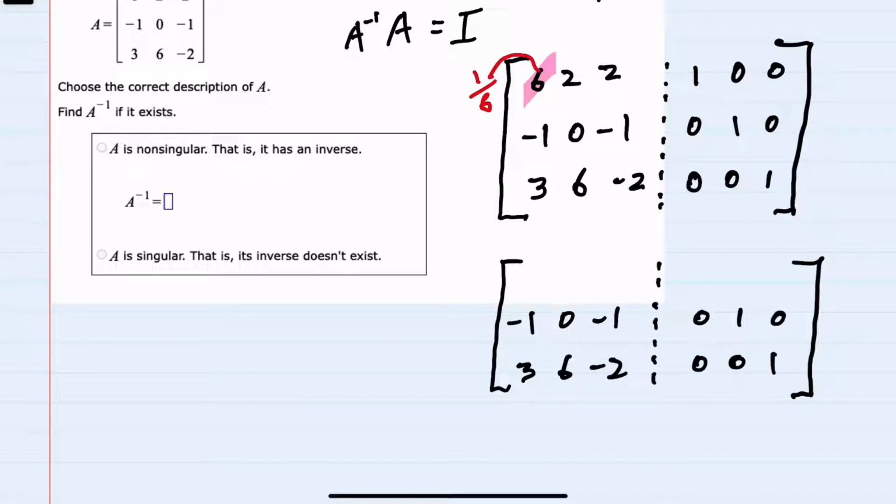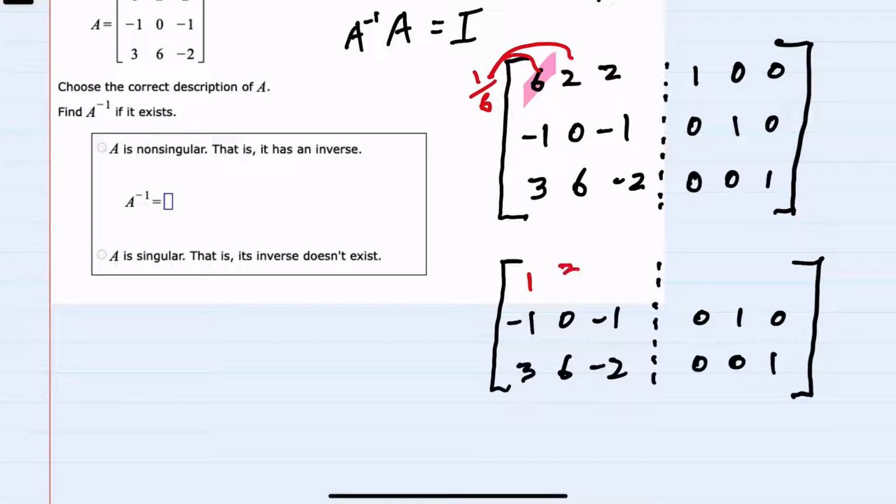I'm multiplying everything in row 1 by 1/6, so 6 times 1/6 is 1. And again, that was my goal, to get a 1 in that upper left hand corner as I'm manipulating this left hand side to turn it into the identity matrix. Then I continue my distribution. 2 times 1/6 is 2/6 or 1/3.